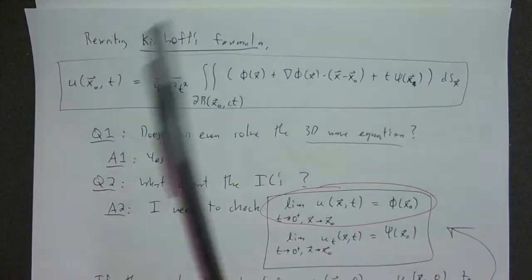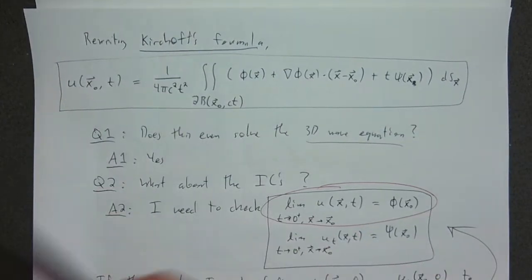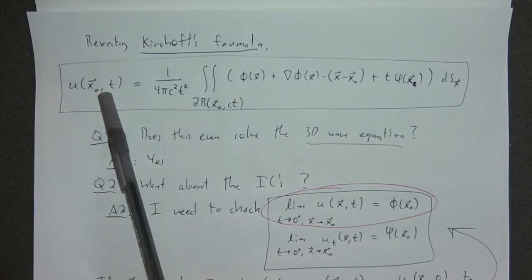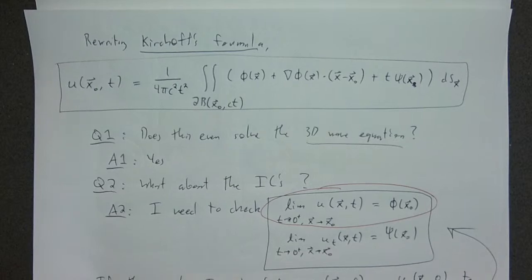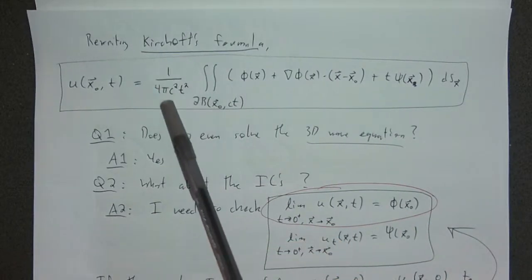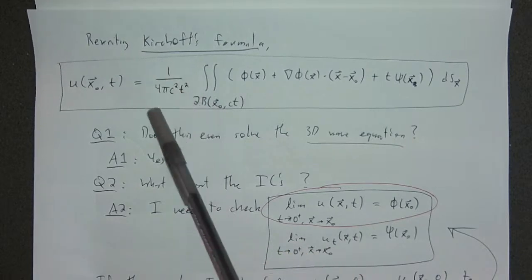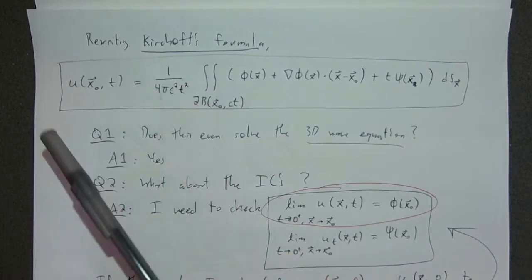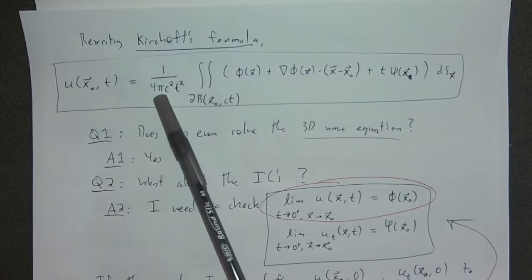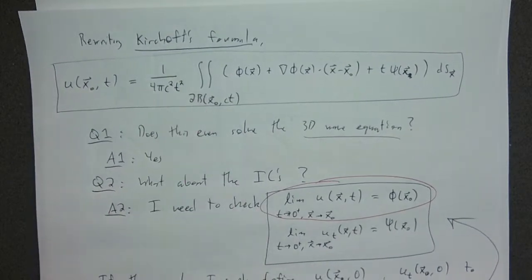In Kirchoff's formula, the displacement at a position x0 and a time t is given by this formula. Again, don't think of the specifics too much. It is some kind of averaging thing. In fact, if you look at what this thing is, you may immediately point something out.